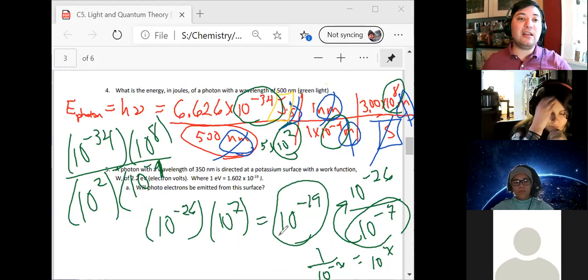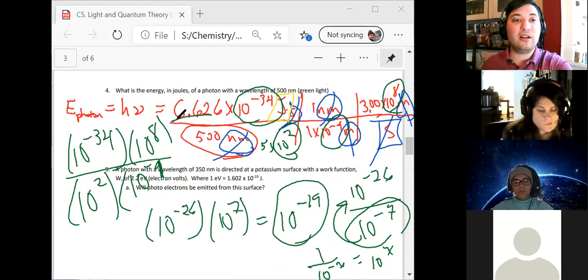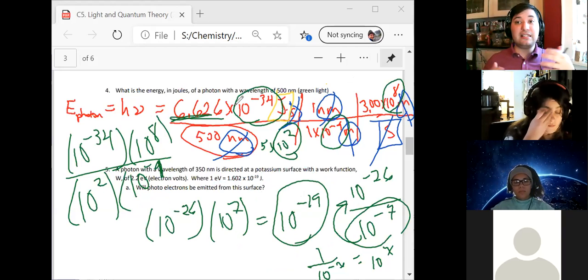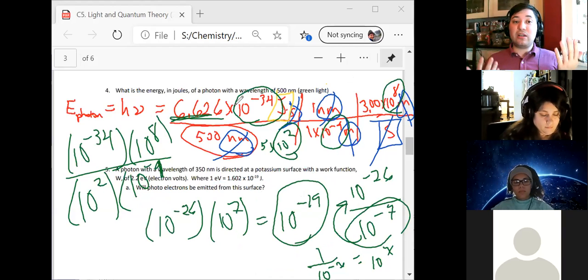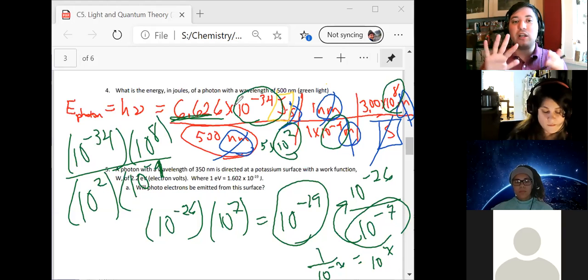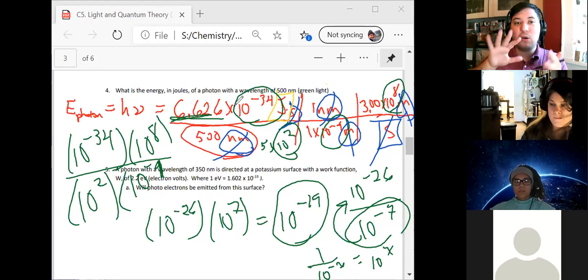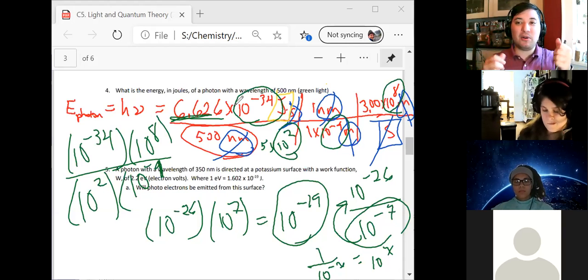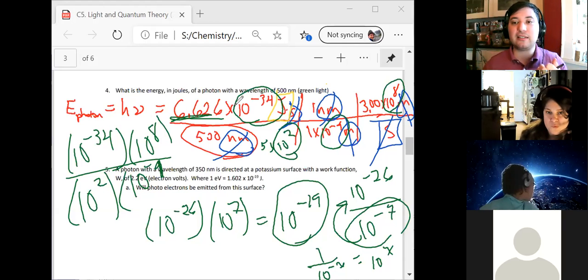Now, depending on what your actual values are, so like 6 times 3 is 18. 18 is greater than 10, so that would bump it up to 10 to the negative 18th. But then I divide by 5, which gets me back down to something lower than 10. The point I'm trying to get at is this is rough. If your answer is within plus or minus 1 of that 10 to the negative power, that's a really good confidence boost that you probably did it correctly.